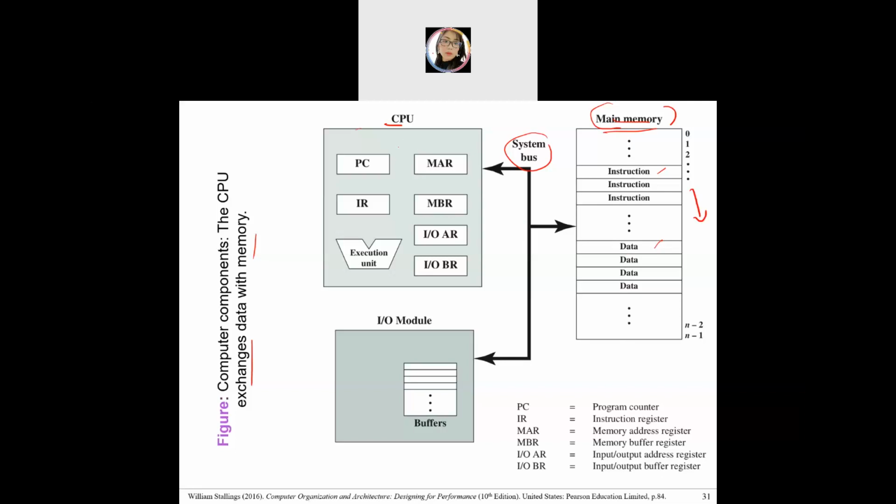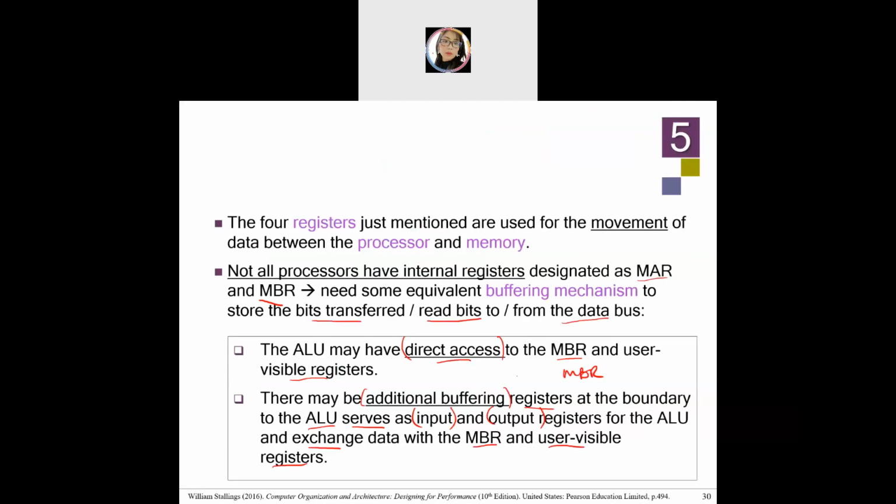In your CPU, you have registers. Now you can see you have the PC, IR, MAR, MBR. You have also another register as mentioned under MBR, just now it was mentioned: you can have an additional buffering register.